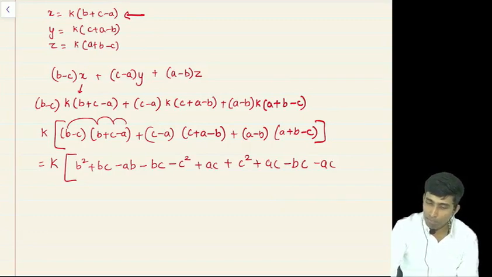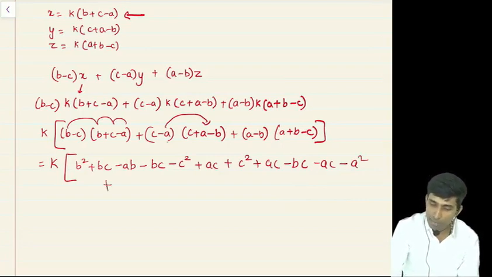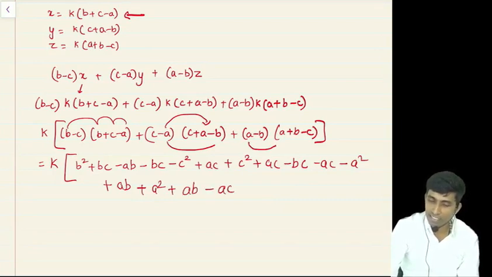Minus a square, again plus ab, because minus a into plus b is plus ab. Now this a will get multiplied, plus a square, plus ab, minus ac, minus ab, minus b square, plus bc, bracket close.